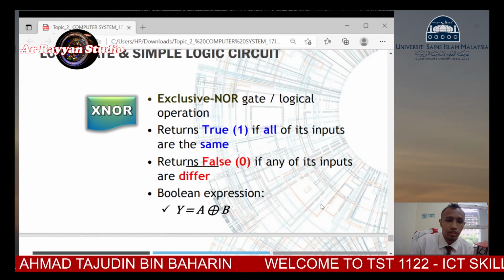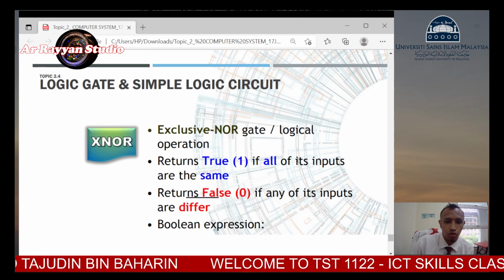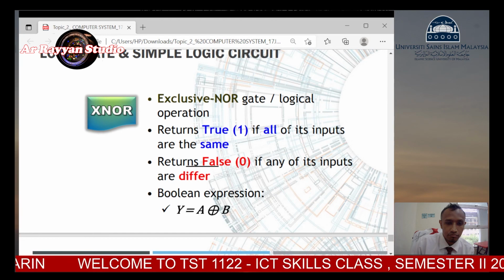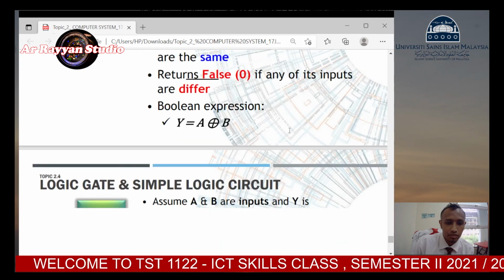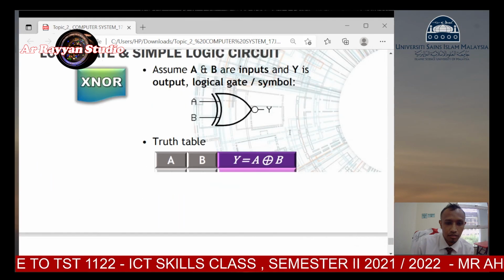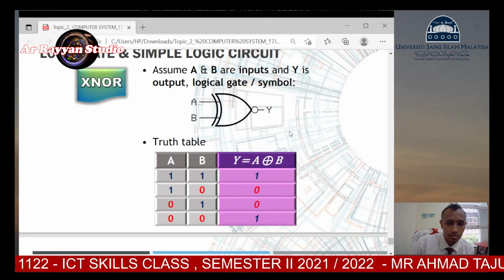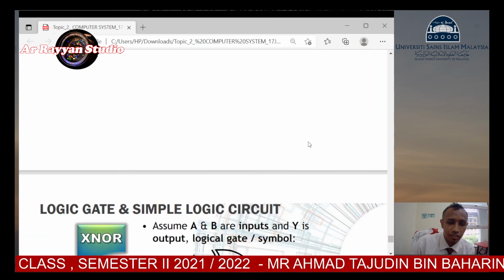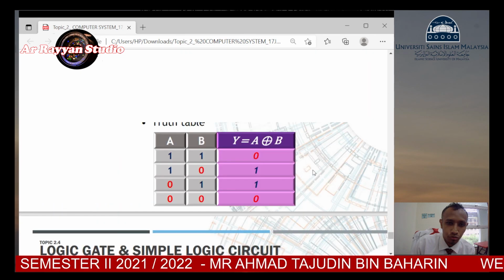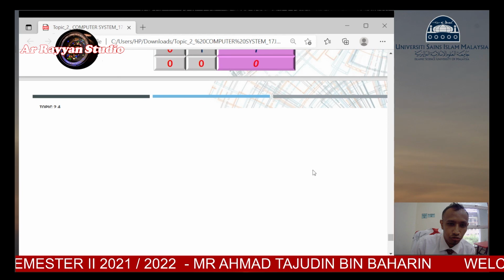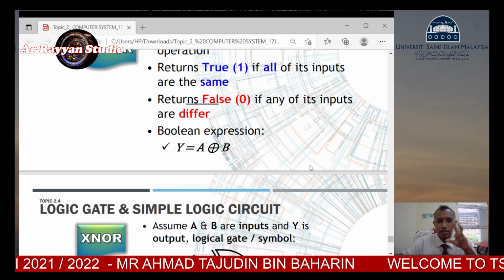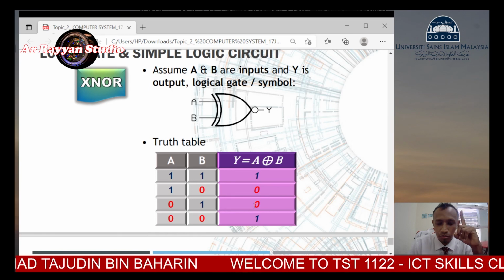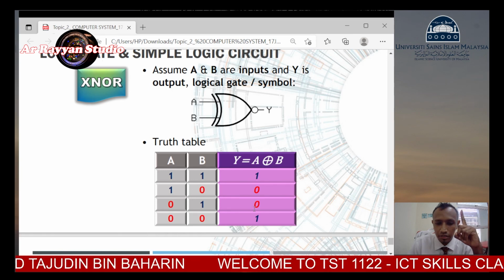Okay, so next is XNOR. Macam sama je. Betul tak? Yelah, XNOR ni dia terbalikkan lah daripada yang dia dapat XOR tu. Kalau dua benda yang sama dia akan jadi true, dua benda beza akan jadi false.